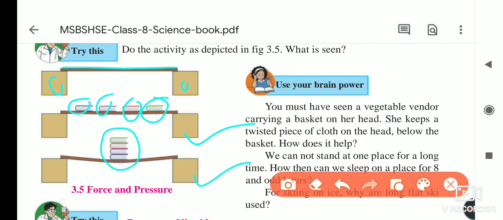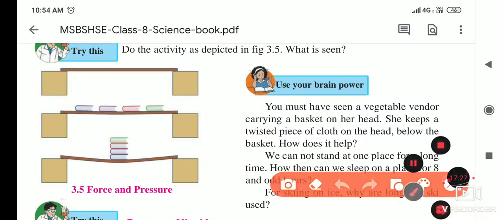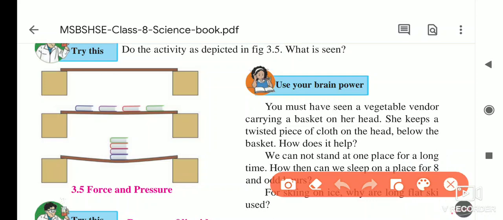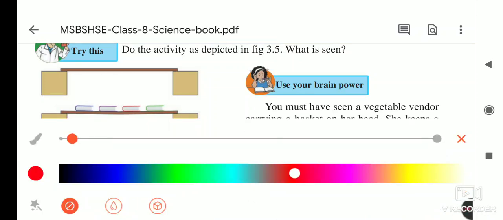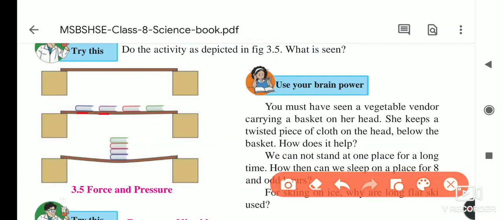Due to this, the area which comes in contact with the plank is this area, the red line I showed. At this location the weight is the same in both pictures, but here the area is more.